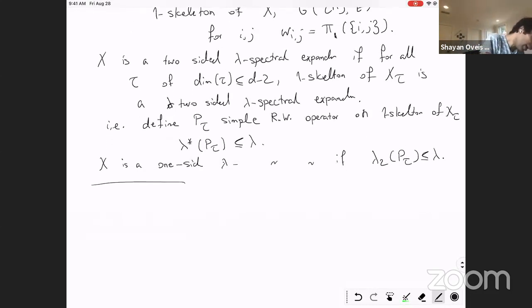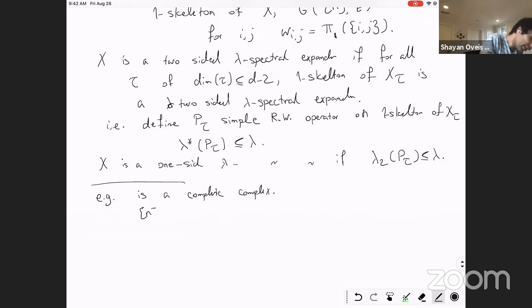So one example of such a thing is a complete complex. What is that?